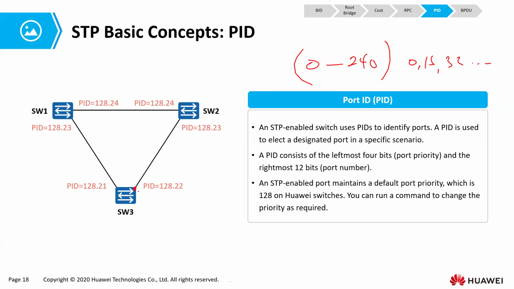We use the PID. At some point, you're going to be using the PID to separate equal costs. That's where the port ID comes in. For now, keep in mind the values range from 0 to 240, multiples of 16. We're going to use an application to understand more what the PID is.